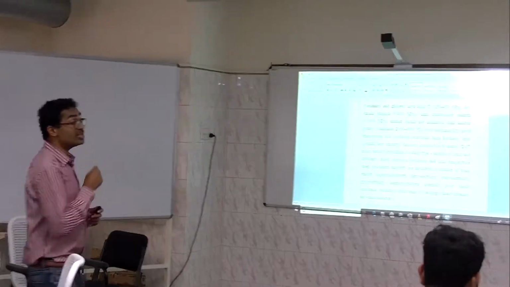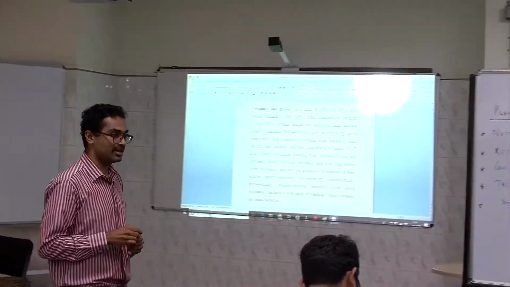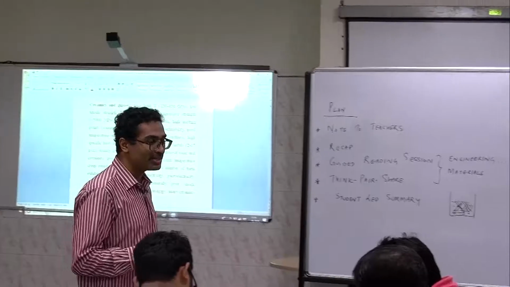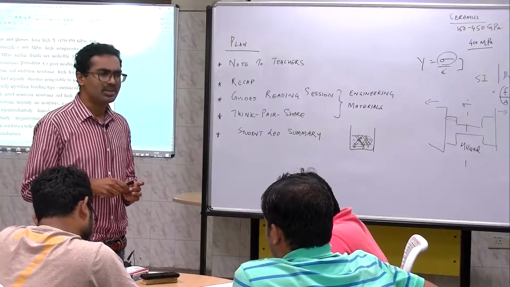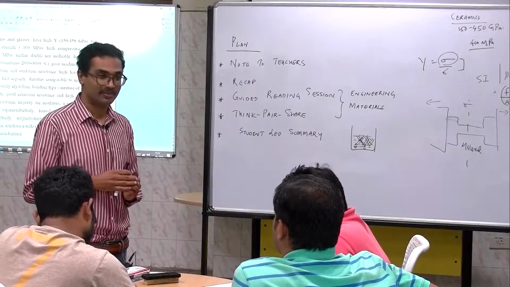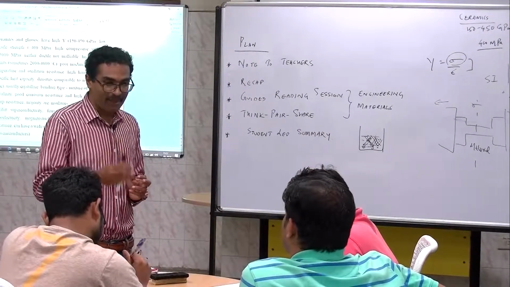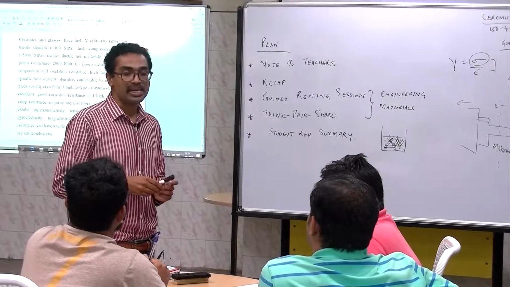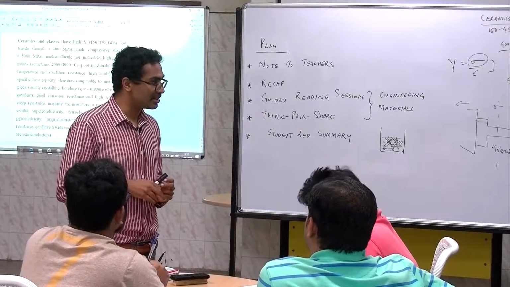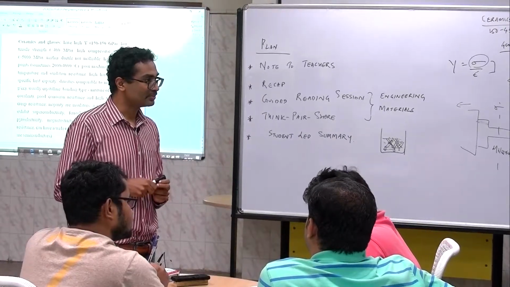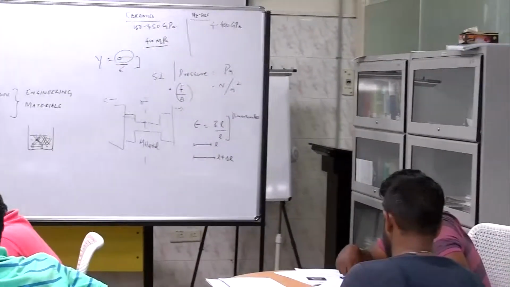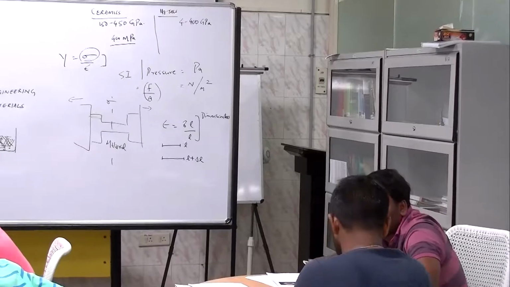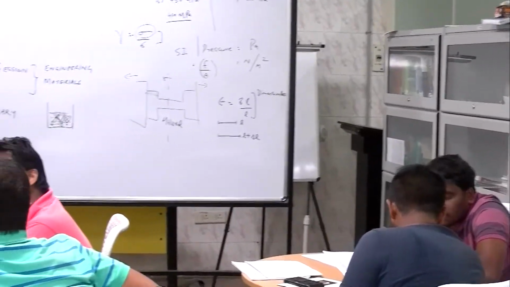Next is good temperature and oxidation resistance. Can you give me one example wherein its temperature and oxidation resistance is used? Give one example of a ceramic, the application of which is enabled by its oxidation resistance. Why don't you discuss with one another?